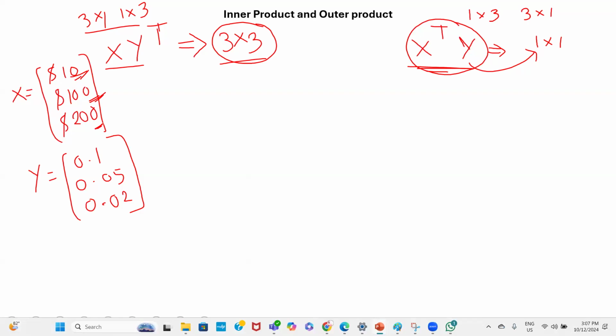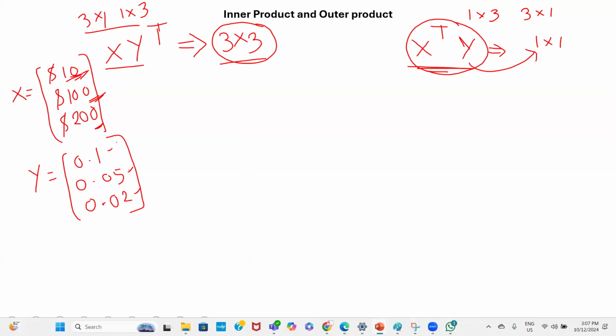So this is the tax: the city tax, state tax, and federal tax or central tax. These are the different taxes on each amount that I have spent.